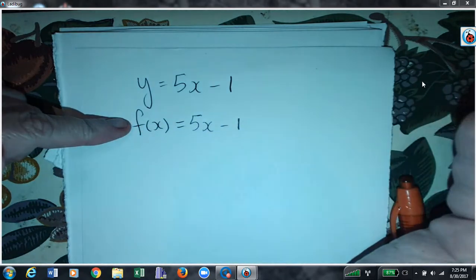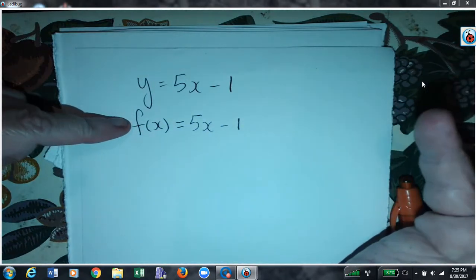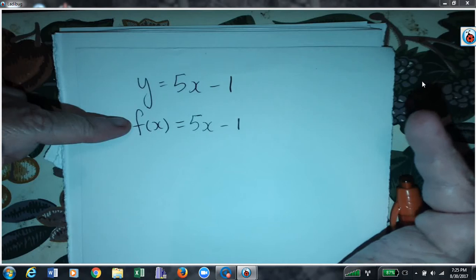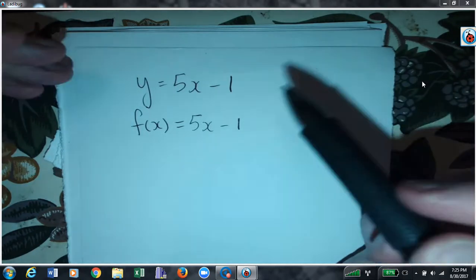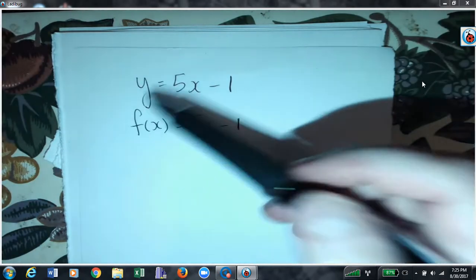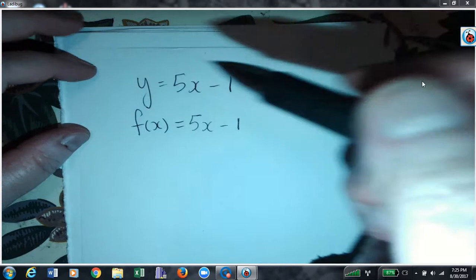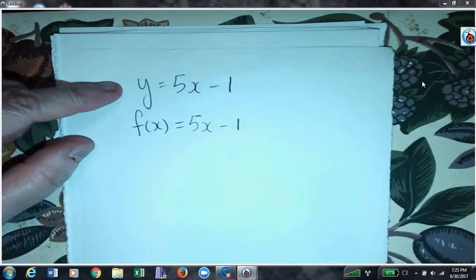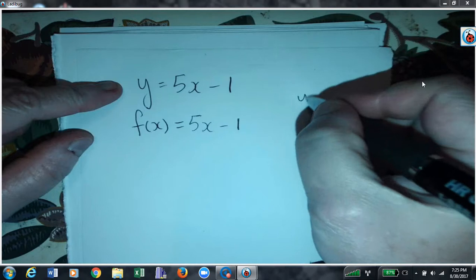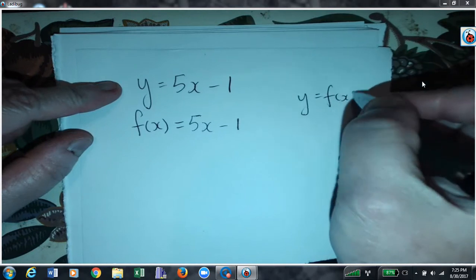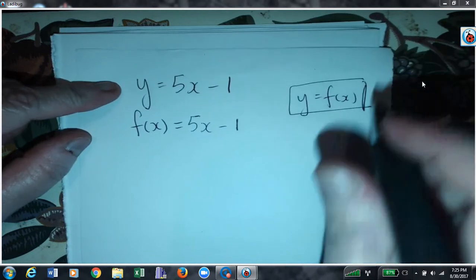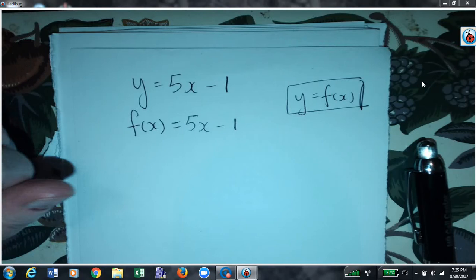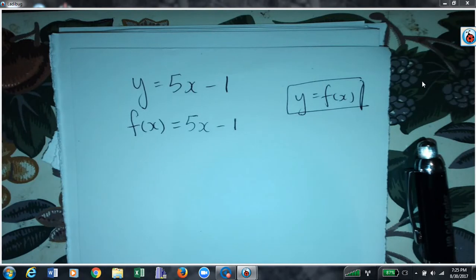You could also use the letter g. If you have two functions, it's usually the first is f, the second is g, and then h, lowercase, or you could have capital F. This is the most common way. So what we also want to remember is these things are interchangeable. y is the same thing as f of x. And we're going to really need to keep that in mind throughout the rest of the chapter.